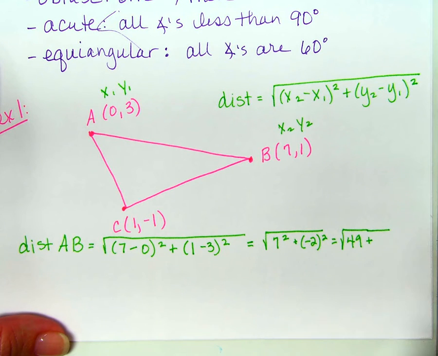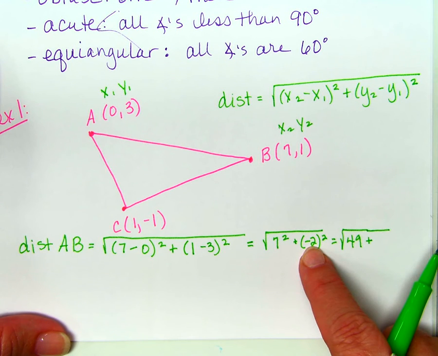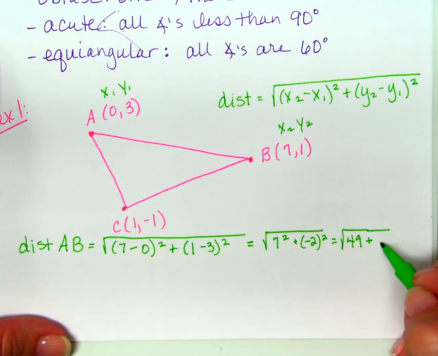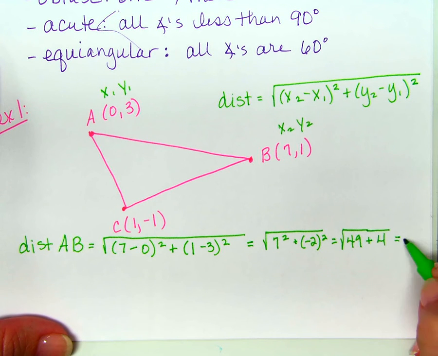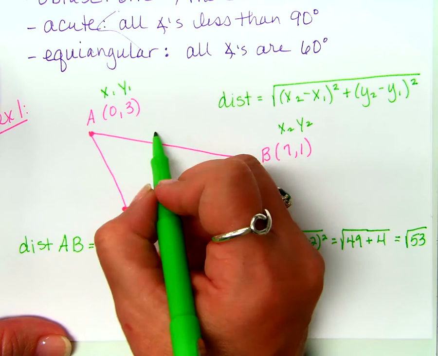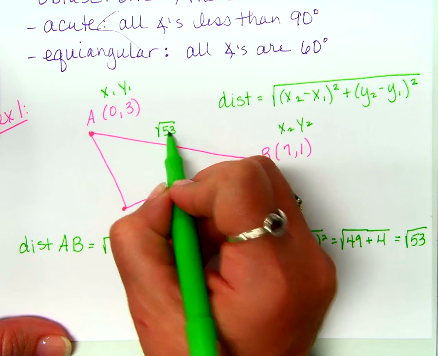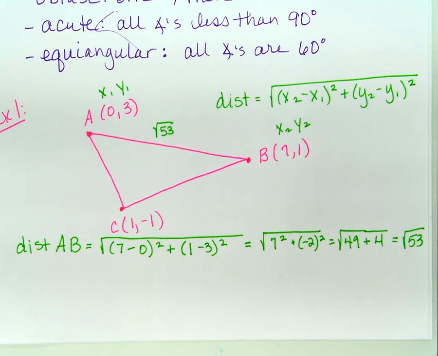Negative 2 squared is just that times itself, negative 2 times negative 2 is 4. What is 49 plus 4? So the square root of 53. So this distance right here is the square root of 53. You okay with that? Good.